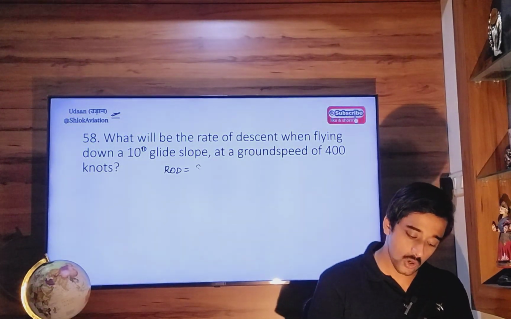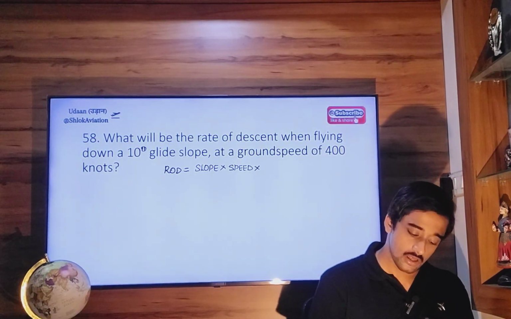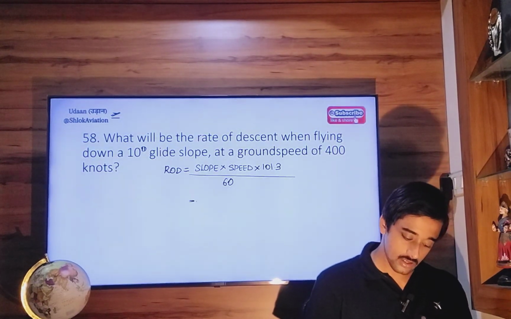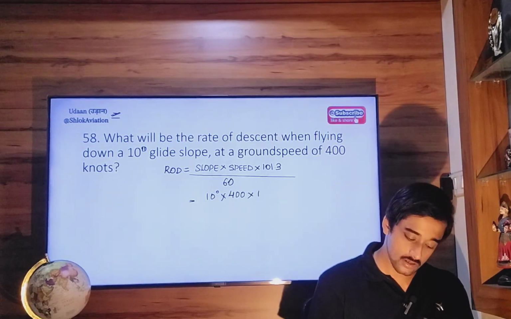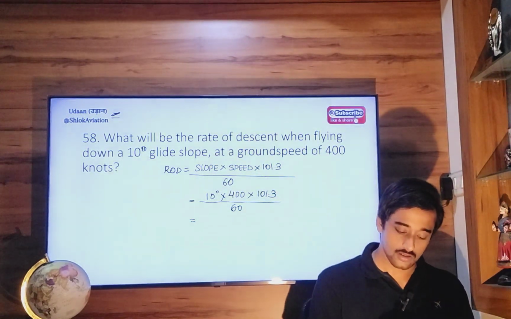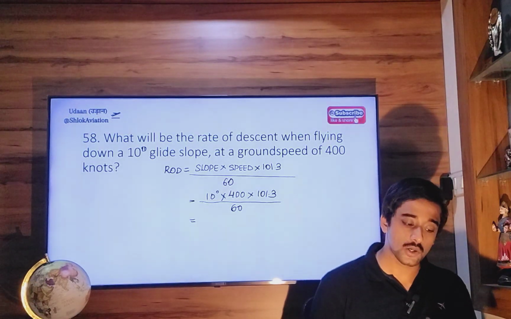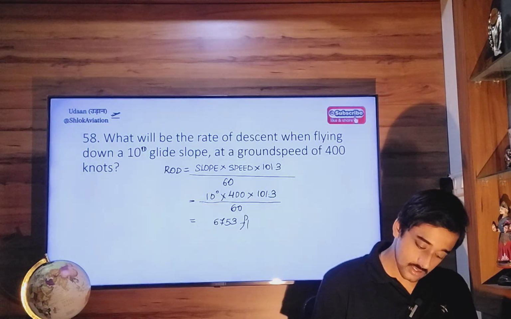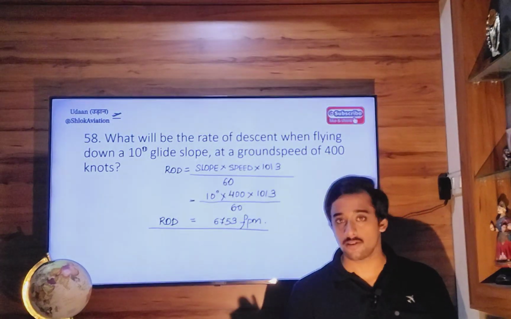So rate of descent is slope into speed into 101.3 feet per minute divided by 60, which is equal to 6753 feet per minute. Okay, rate of descent equals 6753 feet per minute.